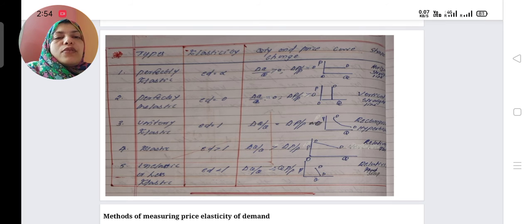Then fourth, elastic: its value is greater than 1, and the curve has a flatter shape. Then inelastic or less elastic: here the value is less than 1, and its curve will be relatively steeper than elastic. So these are the topics related to the types of degree of elasticity of demand.